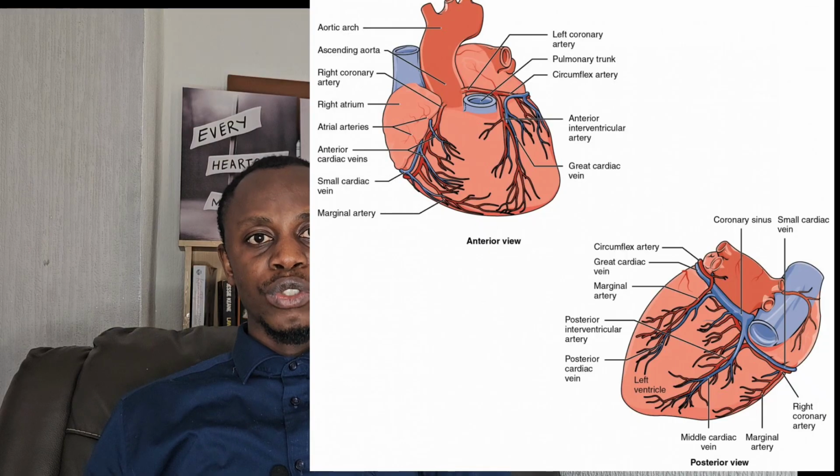The heart supplies blood to various parts of the body, but the heart itself also needs blood supplied to itself, and that is through the coronary artery. When blood is sent to the lungs to be oxygenated, this oxygenated blood is sent across the body for use, and part of this blood is supposed to come back to the heart for the heart to also use, because the heart also needs oxygen.